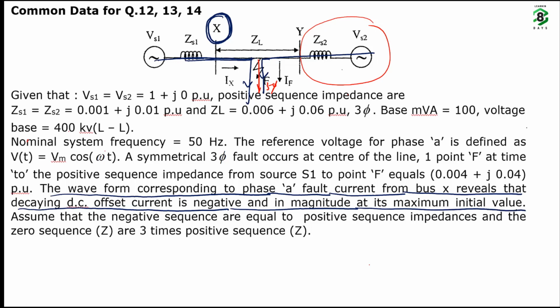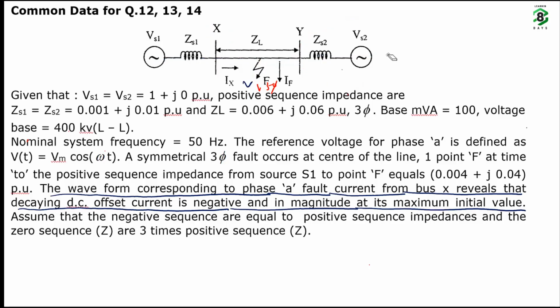Okay, so here the fault current flowing in phase A at the instant when the fault occurs is negative, the DC offset component is negative and maximum. Then determine the instant at which the fault occurred.